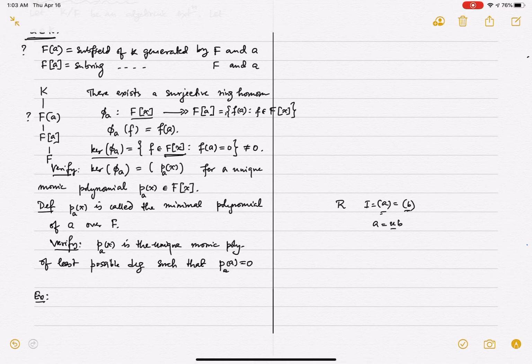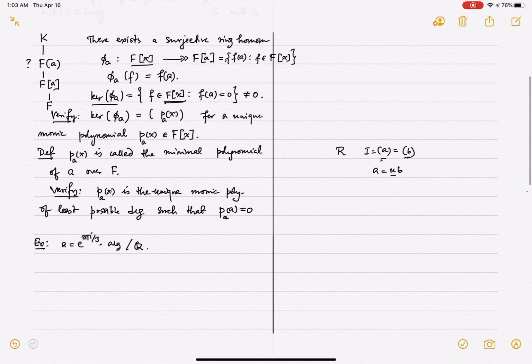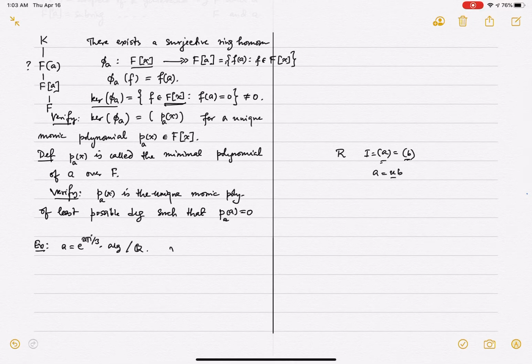If you take a equal to e to the 2 pi i over 3, this is an algebraic number, algebraic over Q. What is its minimal polynomial? Well, it satisfies lots of polynomials. It's a cube root of unity, so it satisfies this one.